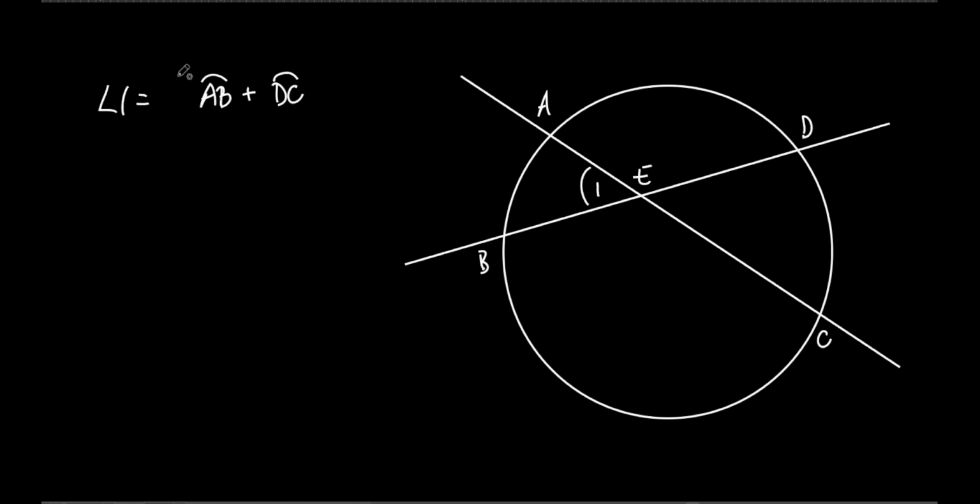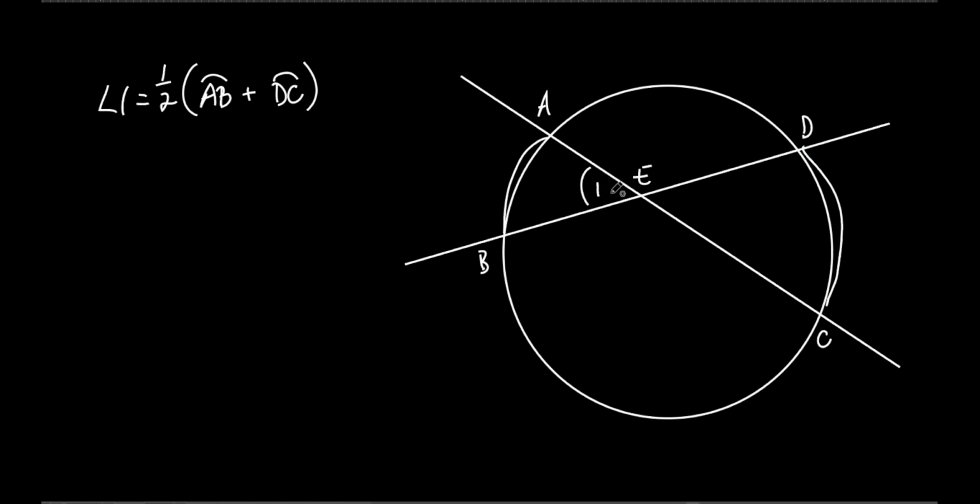I think the book puts a 1/2 in front of it, but either way you want to do it, it's perfectly fine. Think you can remember that one? So if I take this arc and this arc, add them up, divide them by 2, then I got this angle right here.